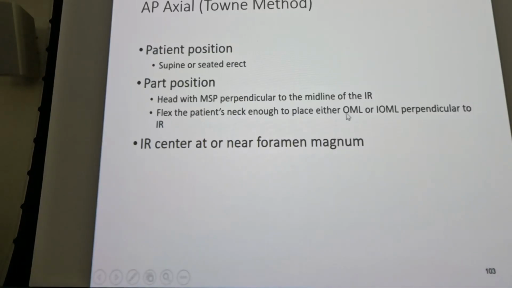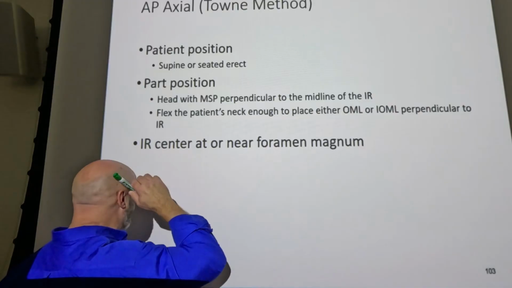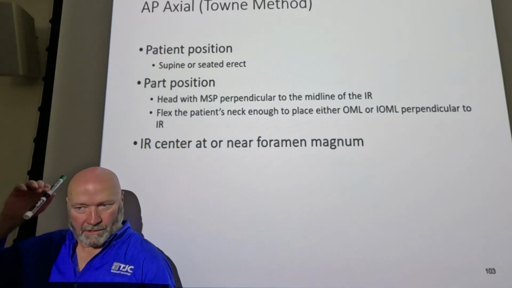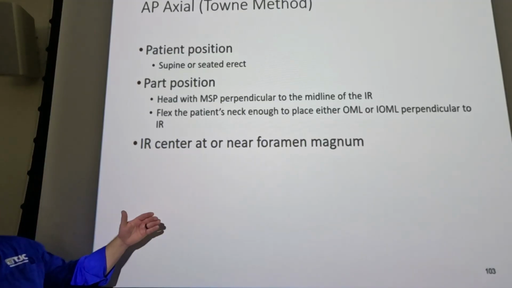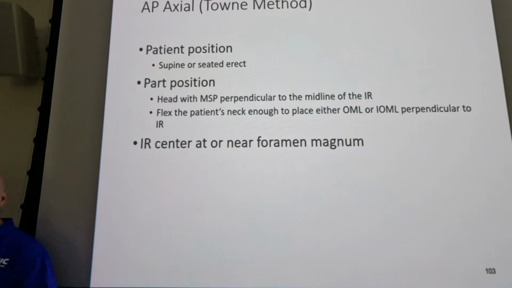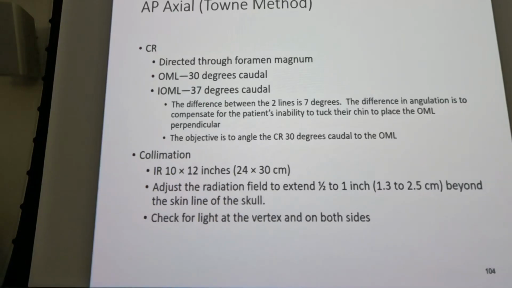Okay, so now we've got a different AP axial. AP axial with a cephalic angulation is just the reverse of the Caldwell. Now this is going to be AP axial as well. AP axial just means an AP projection with the angulation on central ray. So this is the Townes method though. Where we're going to position here is where the central ray will pass through the foramen magnum.